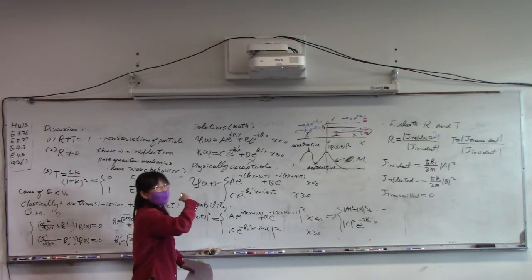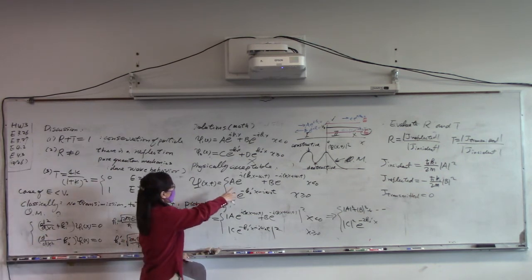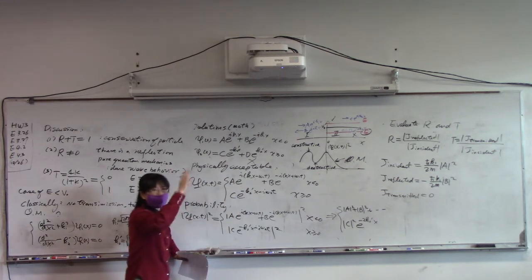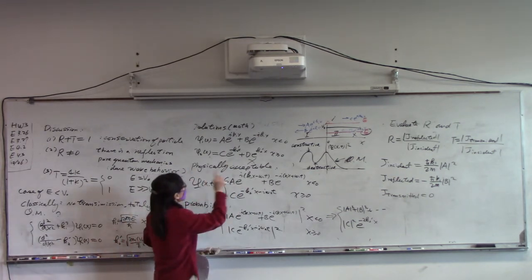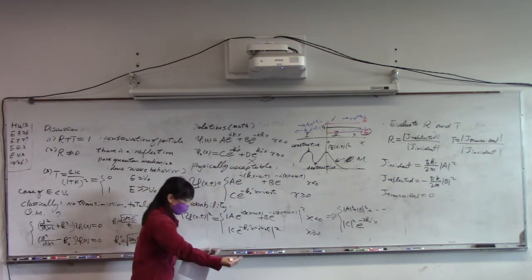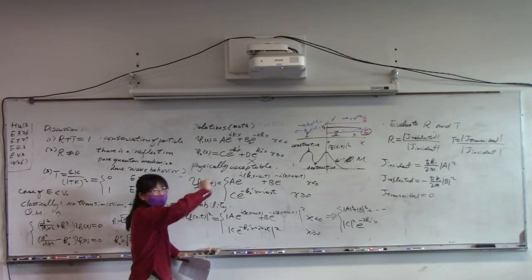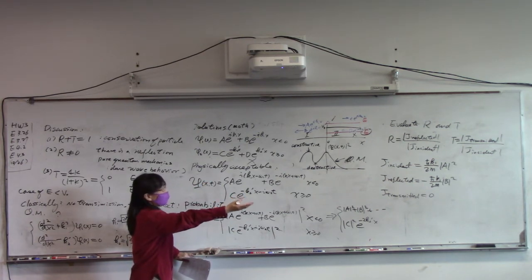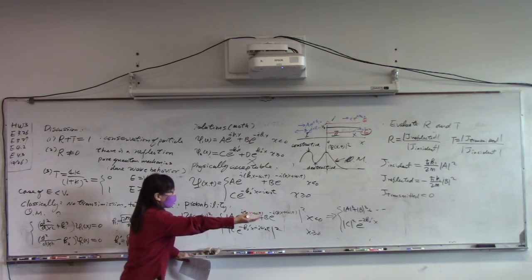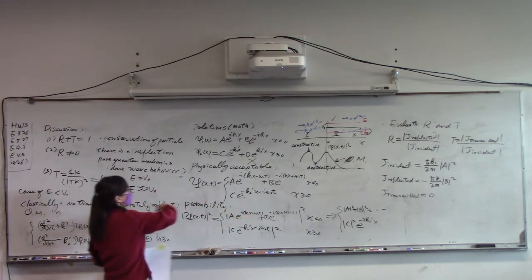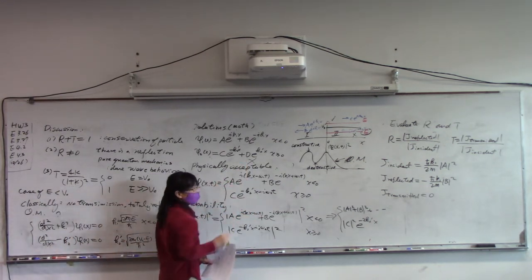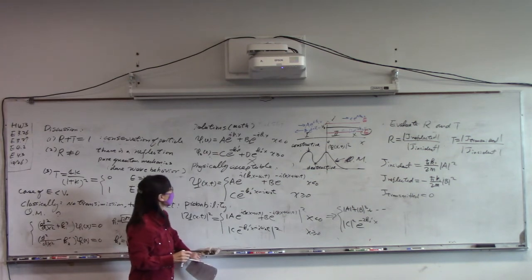So that is physically still acceptable because that term does not go to infinity. That's fine. But we drop that because we just consider the particle going from left to right, and that component is characterized by a particle from right to left. But this case is physically not acceptable.